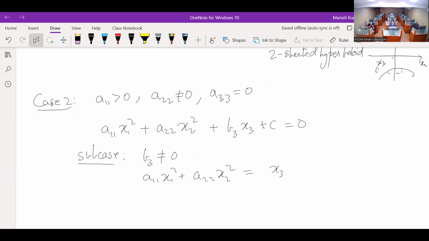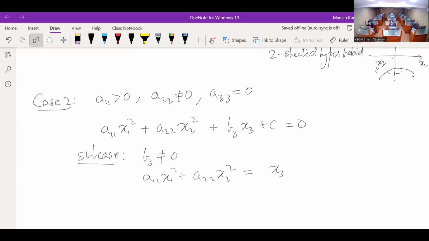So in this case, B3 is. But you no longer have that A11 is positive, right? If you scale B3 accordingly, you need not have that A11 is positive, right? No, I mean the axis may change.